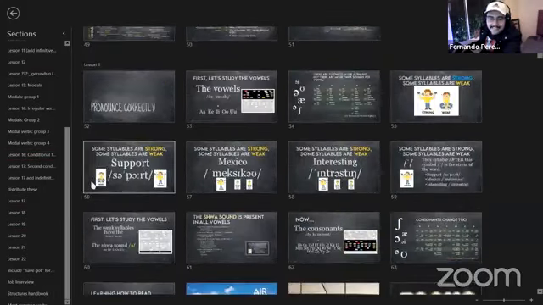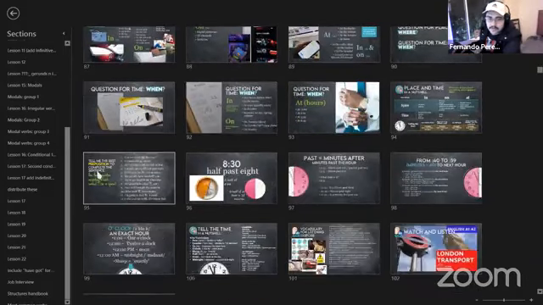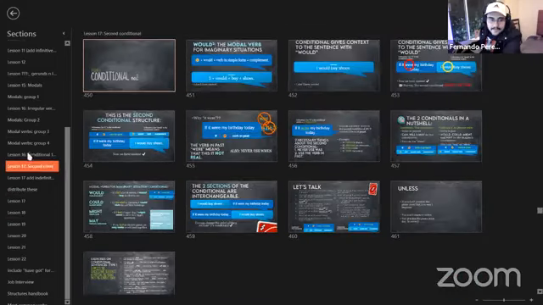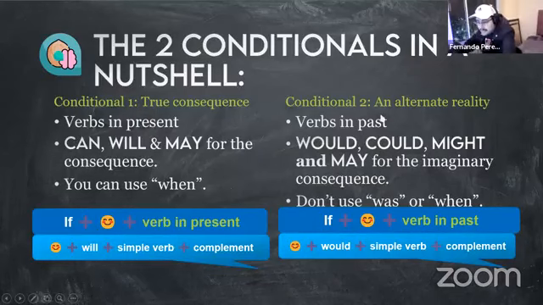Please read the topic that we are checking at this moment. I want you to contrast conditionals. We are checking the conditionals in two different forms. Do you know the difference between conditional number one and conditional number two?